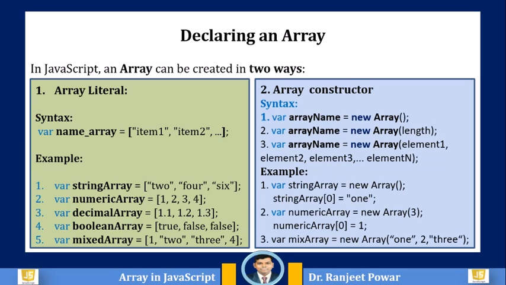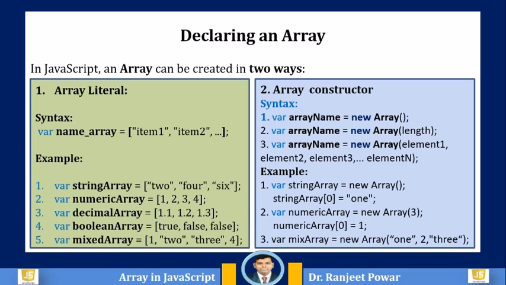You can initialize an array with the array constructor using the new keyword. The array constructor has 3 forms as given here in this example. In the first form, we can create an empty array.